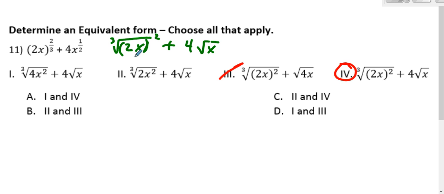This one, since it does not have the parentheses, is wrong. Then, if you take that 2x squared, you square the 2, you square the x. 2 squared is 4. So you square both of them. You square the 2, you get 4. You square the x, you get x squared. Then you don't need the parentheses anymore, which is exactly like number 1 here.